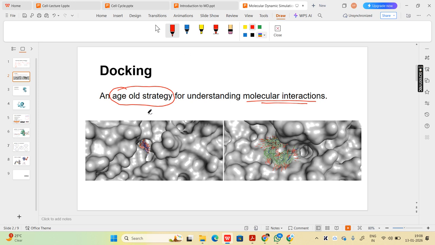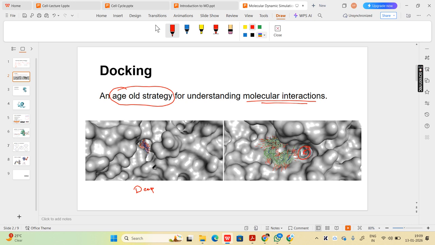Now you can see two different pictures. Here you can see the entire protein. This active site cavity is very deep. Almost both the proteins are the same, and here also the cavity is deep inside.